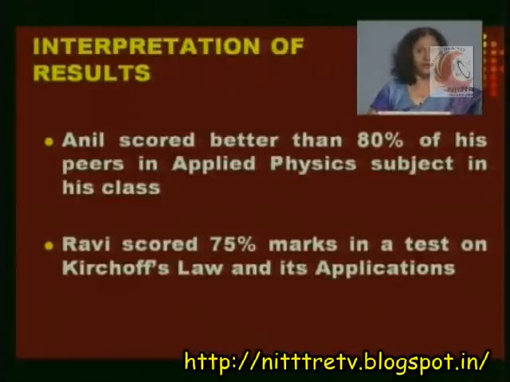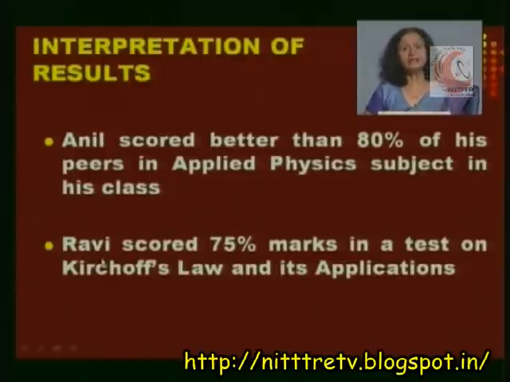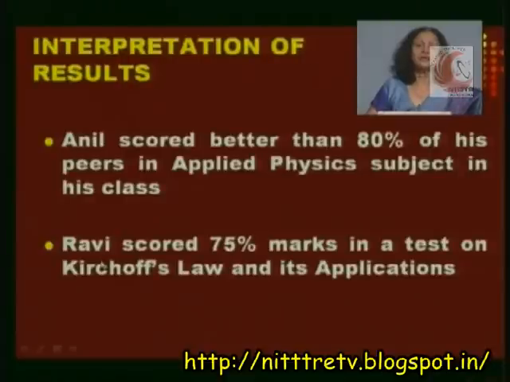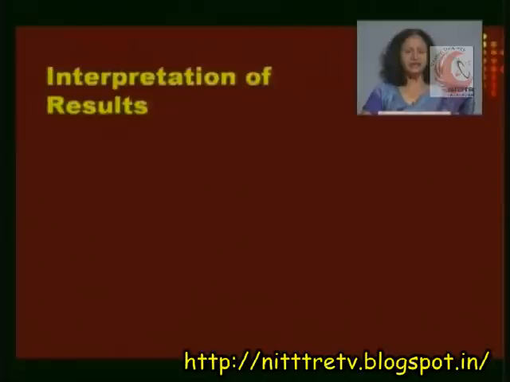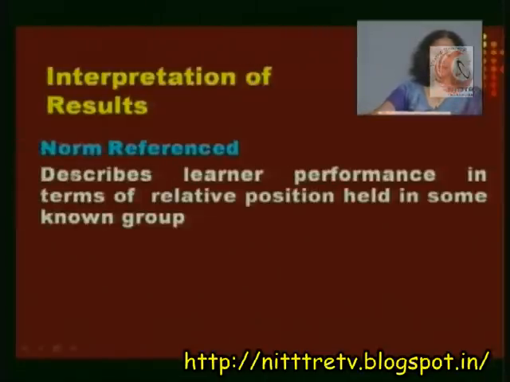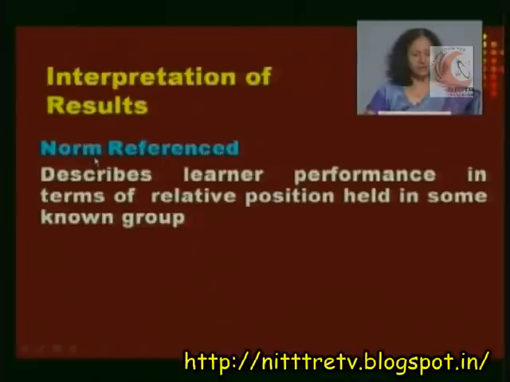So, in the first case comparisons are there, in the second case there is no comparison, it talks of the absolute performance of the individual. In the literature, where comparisons are there, they are referred to as norm-referenced interpretations. This describes learner performance in terms of a relative position held in some known group.